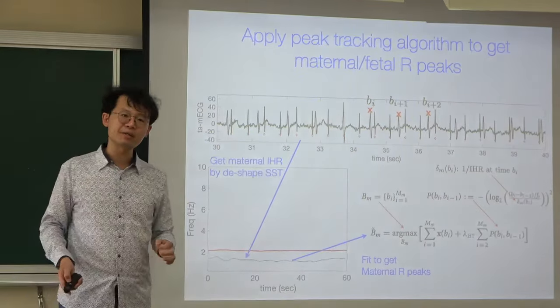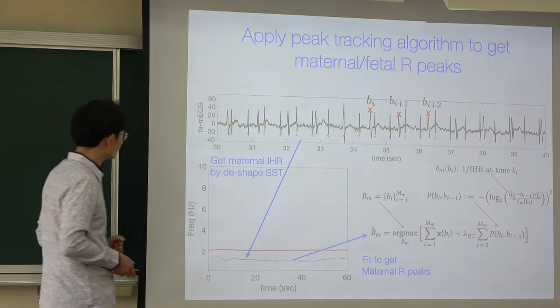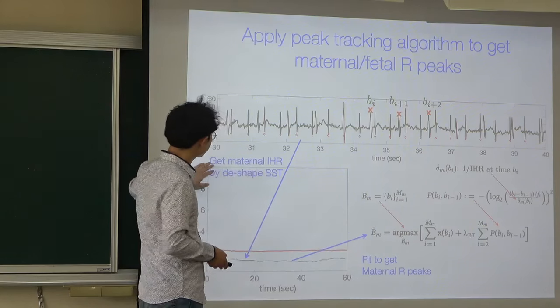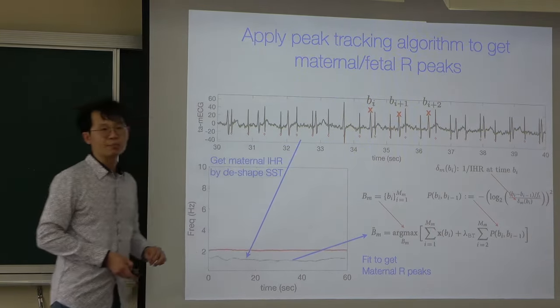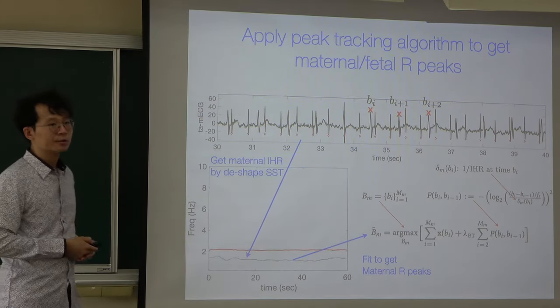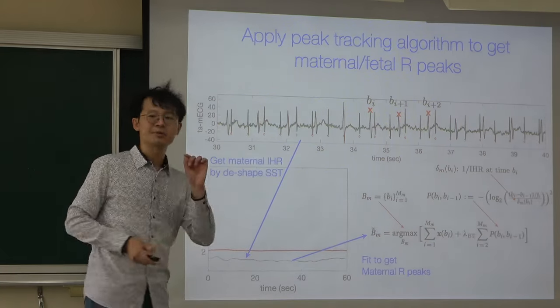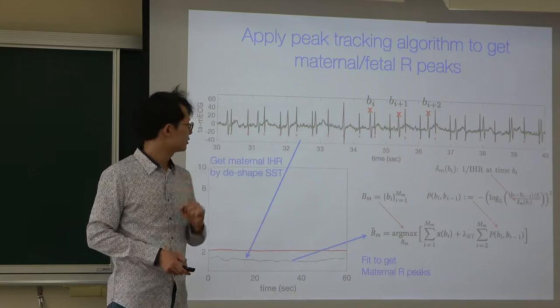So what we can do once we get the maternal heart rate is the following. Once we use DSHAPE synchrosqueezing to get the maternal heart rate or fetal heart rate, then we can apply the traditional peak tracking algorithm to get the precise location of maternal heartbeats and fetal heartbeats.